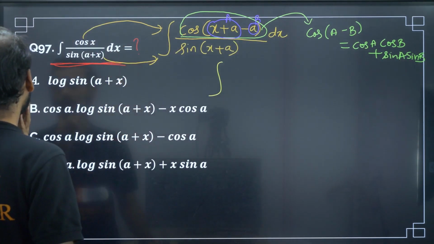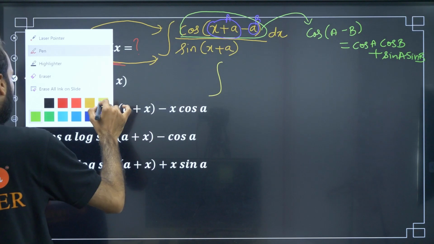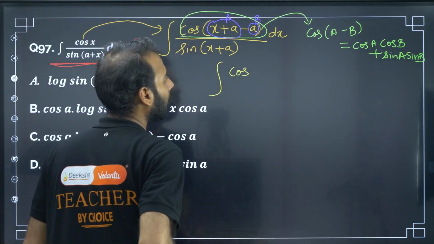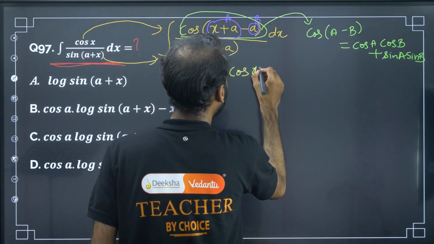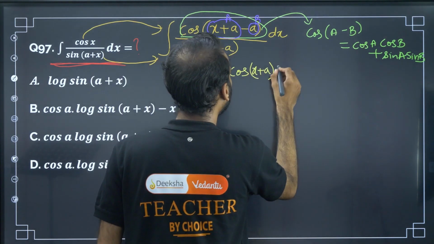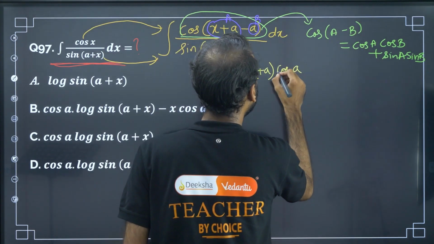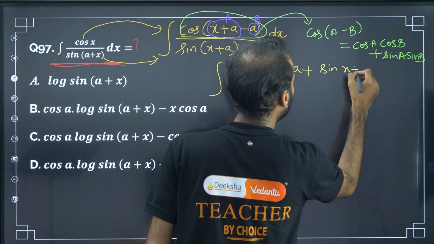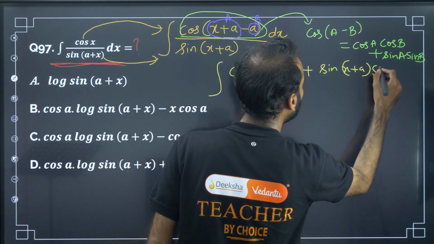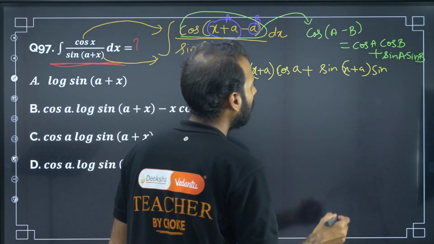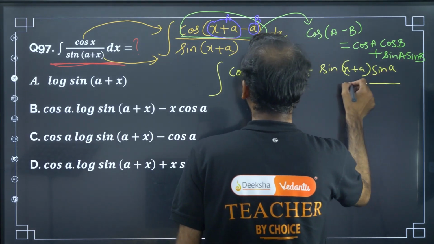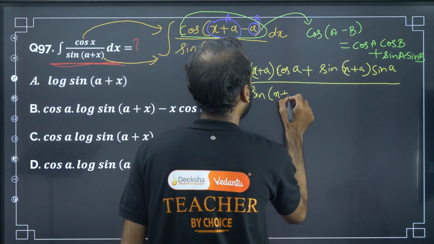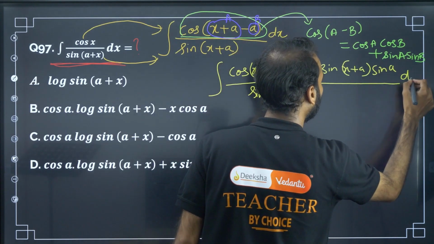So if I use this here, cos a is cos of x plus a, cos b is cos a, sin a is sin of x plus a, sin b is sin a, divided by sin of x plus a dx.